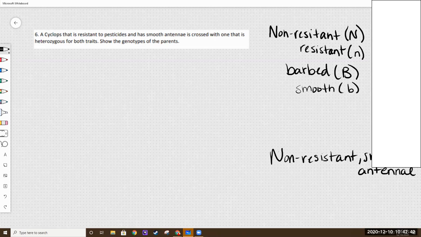Yasmin, the female is good, but the male, you only put little n. What about the B's? Yes, Sienna, you're right.